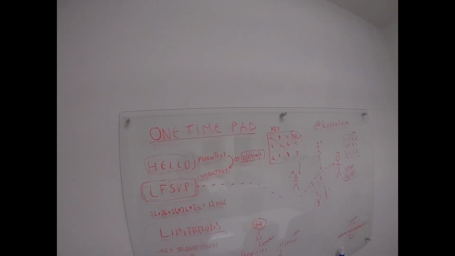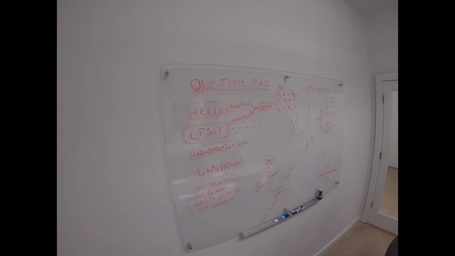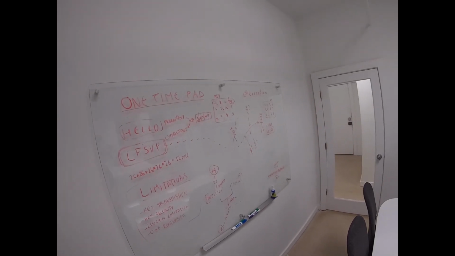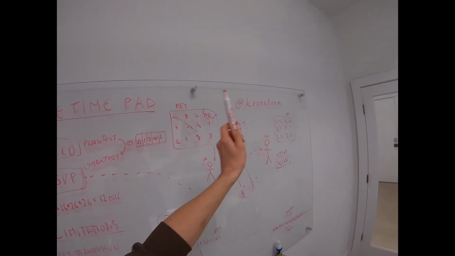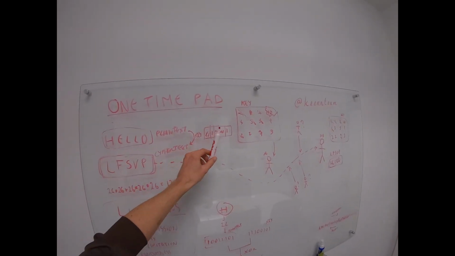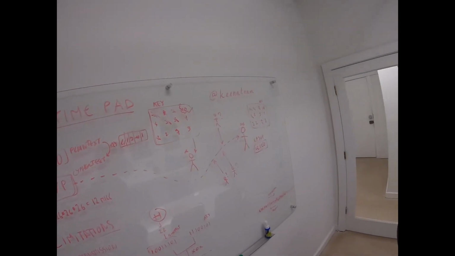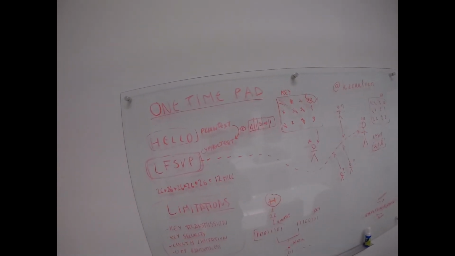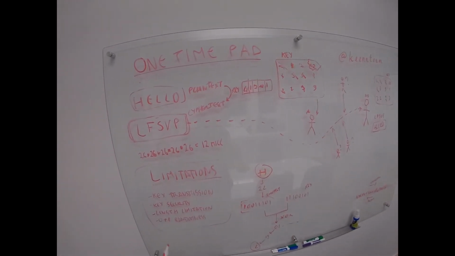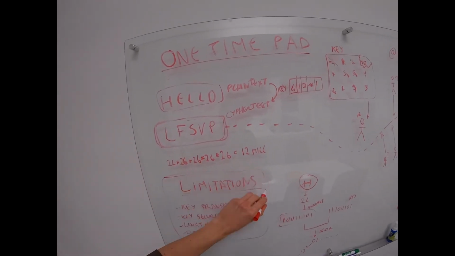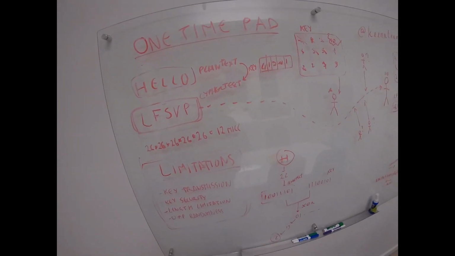What you need to know about the one-time pad is the whole process of sharing a key, having a key of the same length as the data, and the transmission of the key, and also the limitations of the one-time pad, because nothing is perfect.